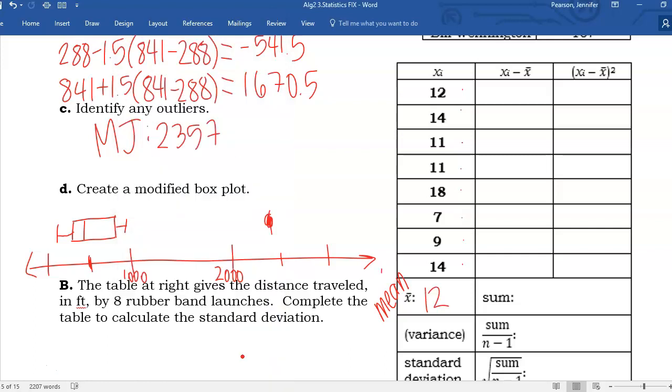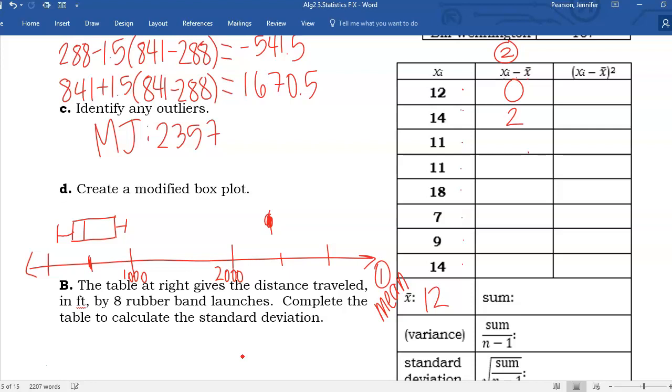Step 2, we are going to subtract. Okay, this header up here tells us what to do. We're taking each data value and we are subtracting the mean. So how far is 12 from 12? It's 0 away. How far is 12 from 14? Now technically that's 2, right? 14 minus 12 is 2.